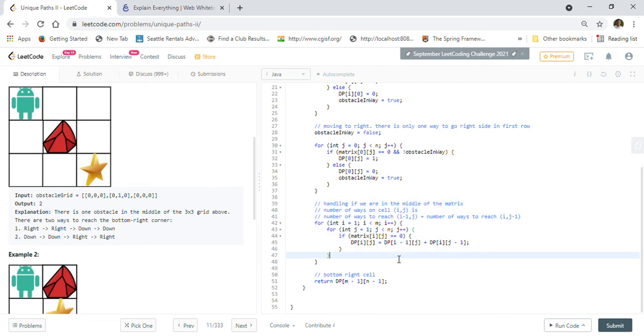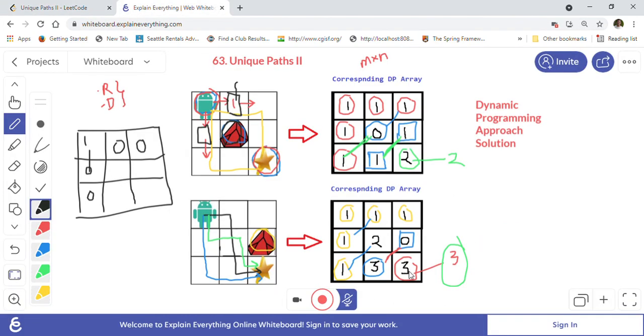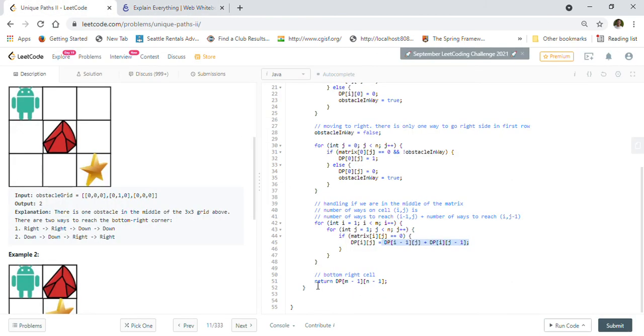If the matrix cell is equal to 0, meaning there is space for movement, we are going to add the two connected cells: dp of ij is equal to dp of i minus 1 j plus dp of i j minus 1. For example, if you are looking at this cell, you add these two neighboring cells. Like this, that's how you populate the dp array.